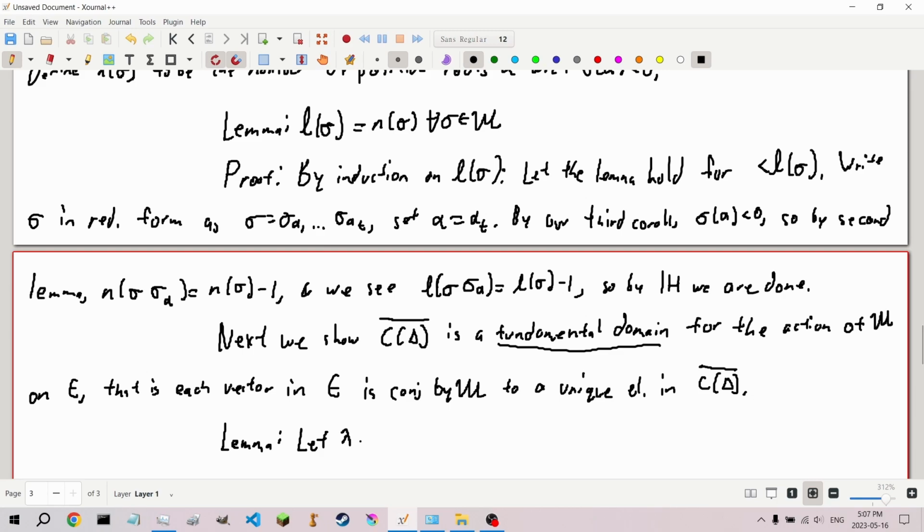Let lambda and mu be in the closure of the delta Weyl chamber.